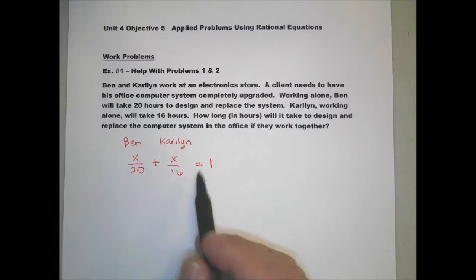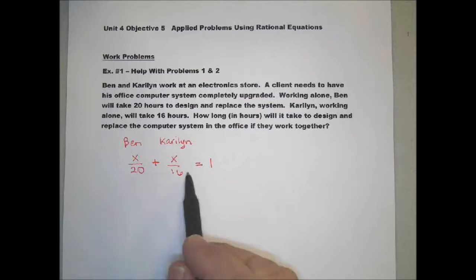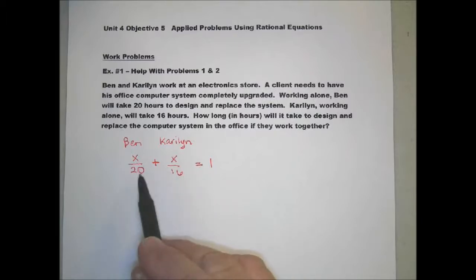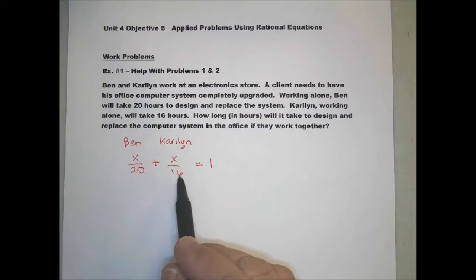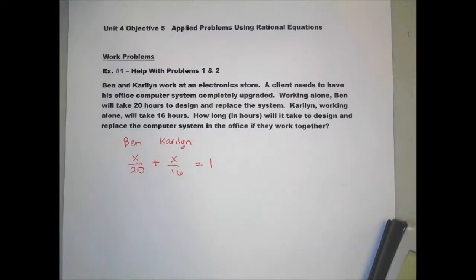Since it is an equation, the key is going to be to clear the denominators. Now, we could always use whatever 20 times 16 is, but there is a better number than that. And I believe that number is 80. The least common multiple of 20 and 16 is 80.